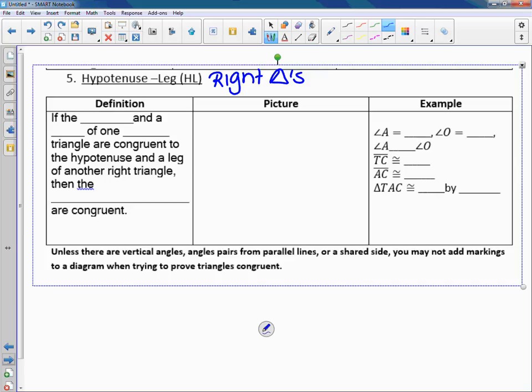So, if the hypotenuse and a leg of one right triangle is congruent to the hypotenuse and the leg of another right triangle, then the triangles are congruent.